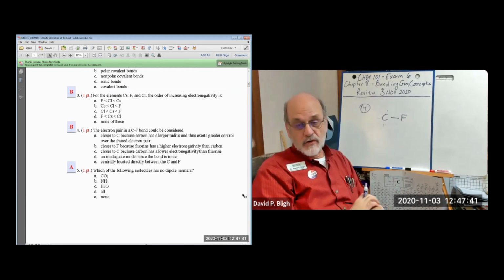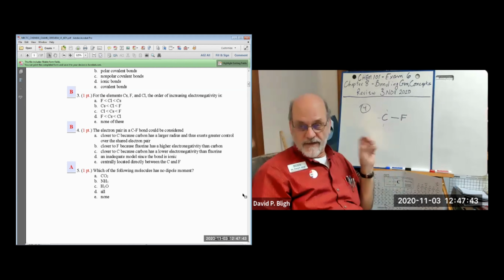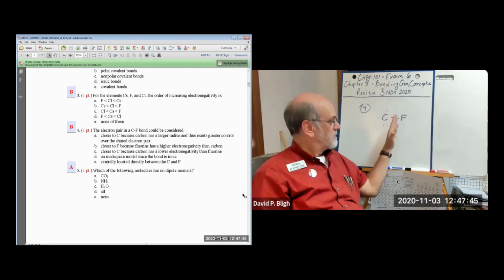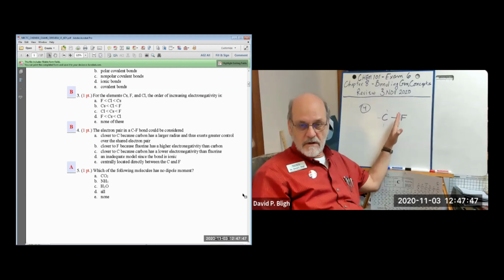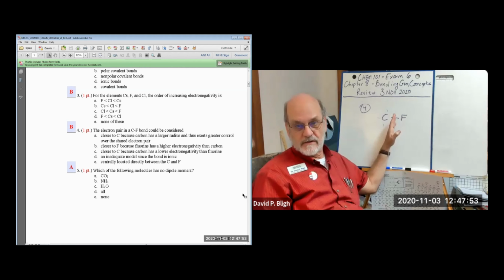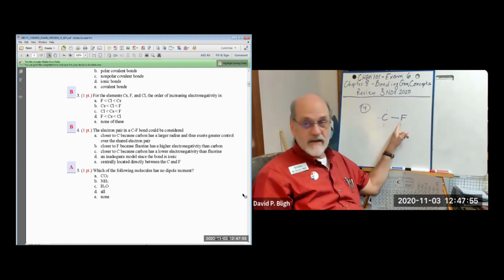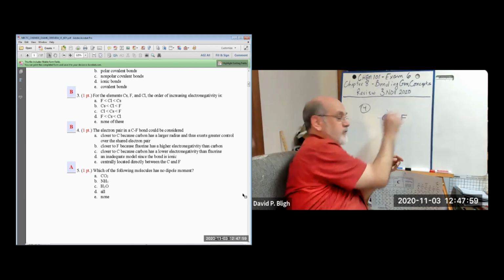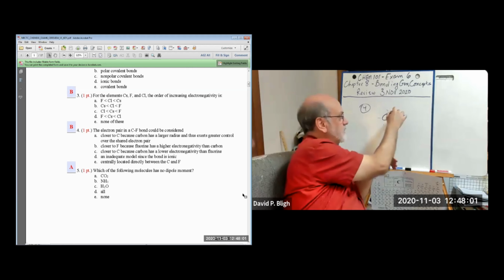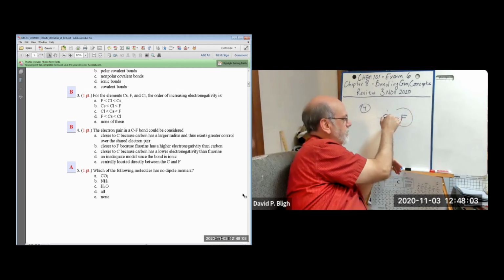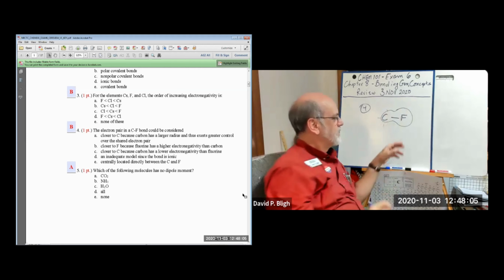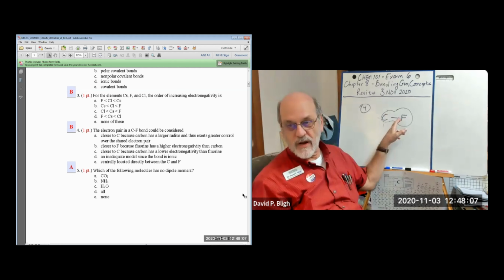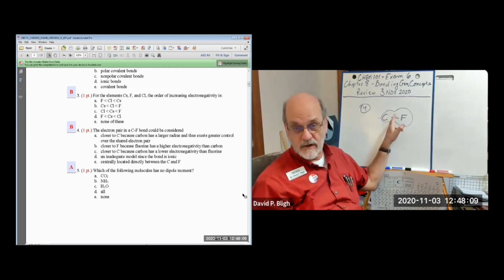But that's just ludicrous. The thing that determines the residence time of an electron pair in a bond is electronegativities. Fluorine has a higher electronegativity than carbon. If we draw a density shell, the electron pair is going to be spending most of its time near fluorine.